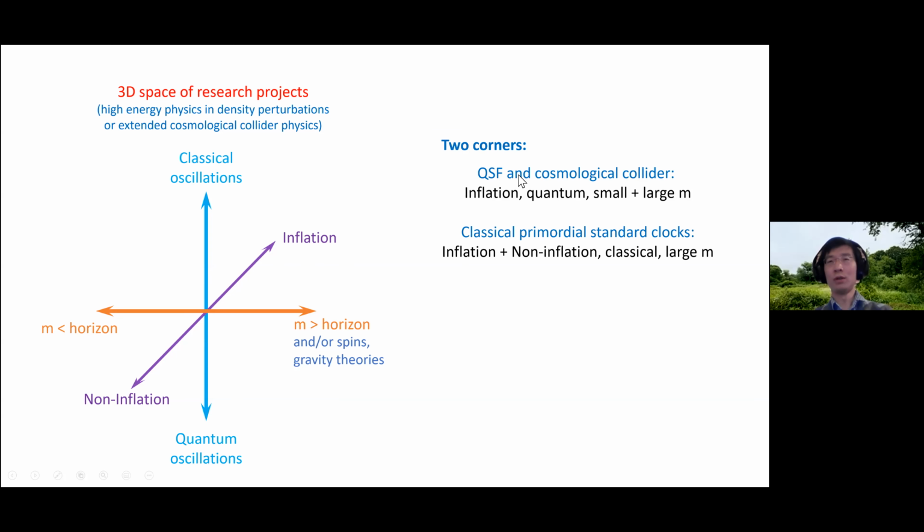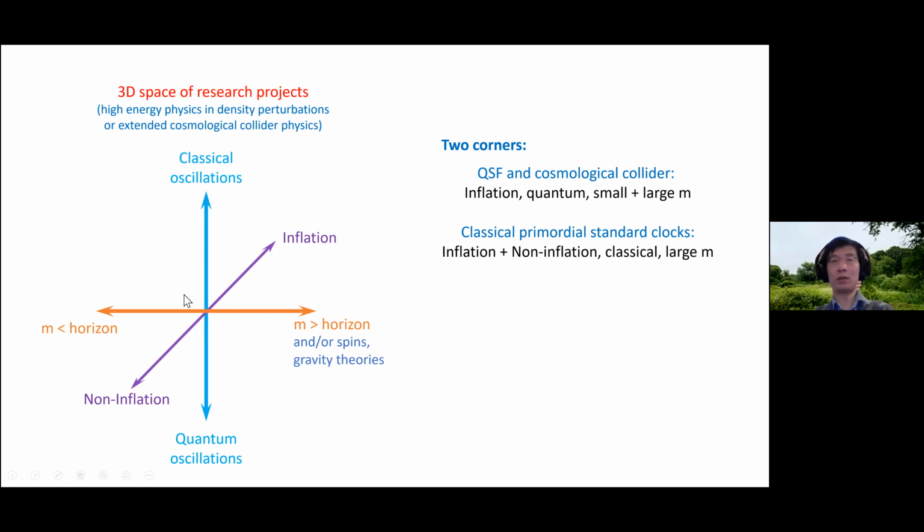For example, in quasi-single field inflation cosmological colliders, we concentrate on inflation and quantum fluctuations, but we care about all mass values. For classical oscillations, in primordial standard clocks, we care about all scenarios, inflation and non-inflation, but we concentrate only on classical ones with large mass values.